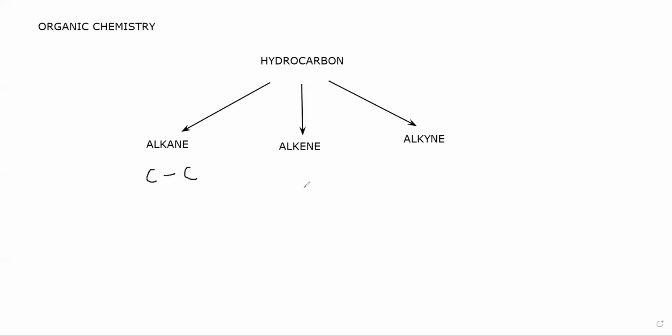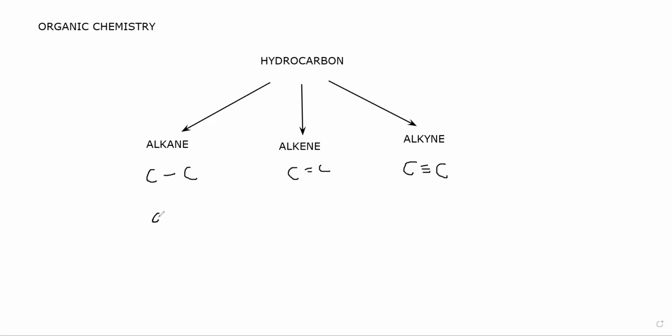If throughout the structure they have a double bond, we call them alkene. And if there is a triple bond, it is not necessary that all of them should have a triple bond. It means within the structure, if we find a triple bond, it is an alkyne.